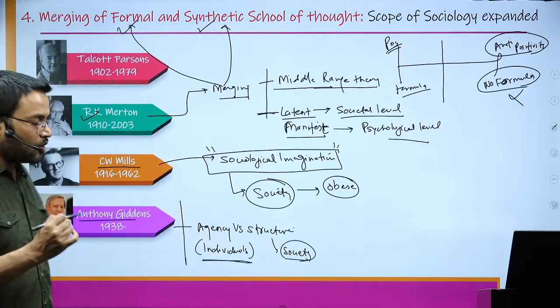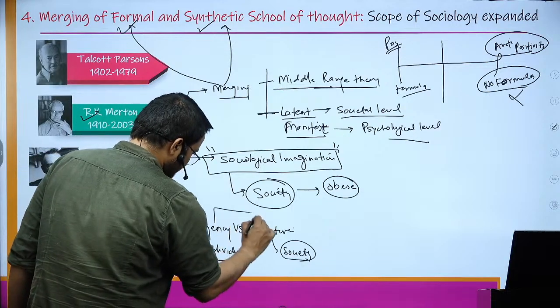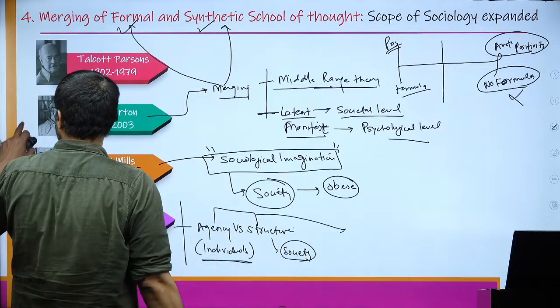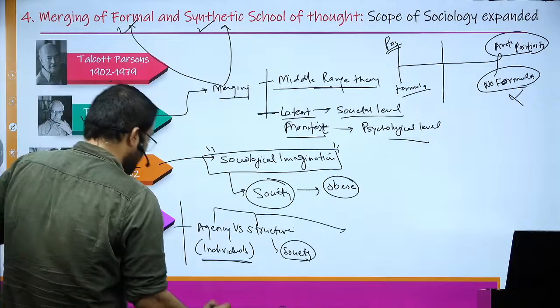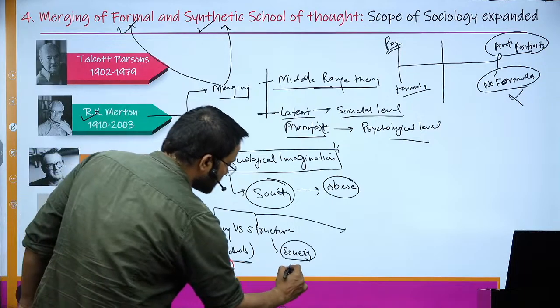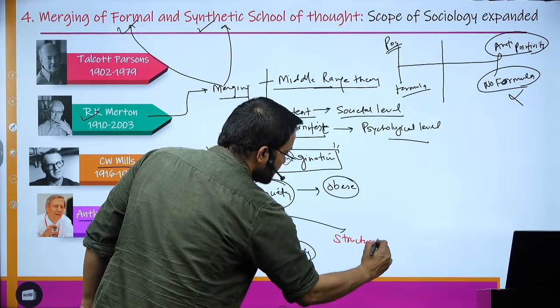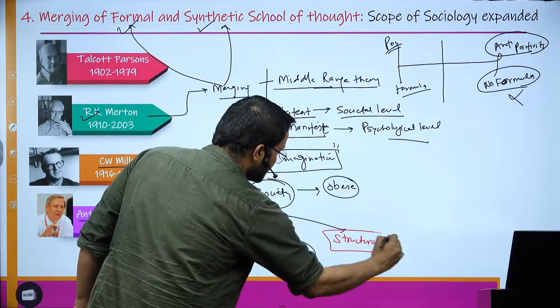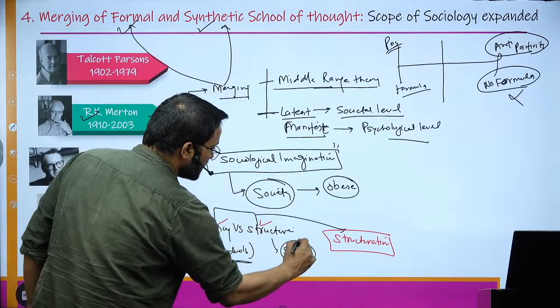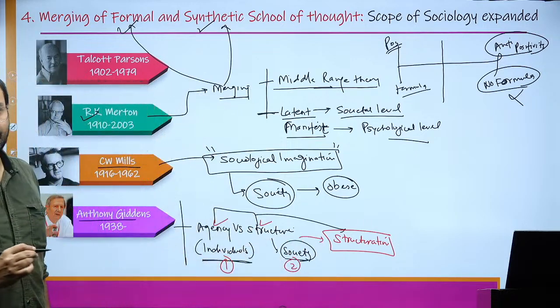He said overall that individuals are driven by both, individual factors and societal factors, and the middle path in agency versus structure is structuration.